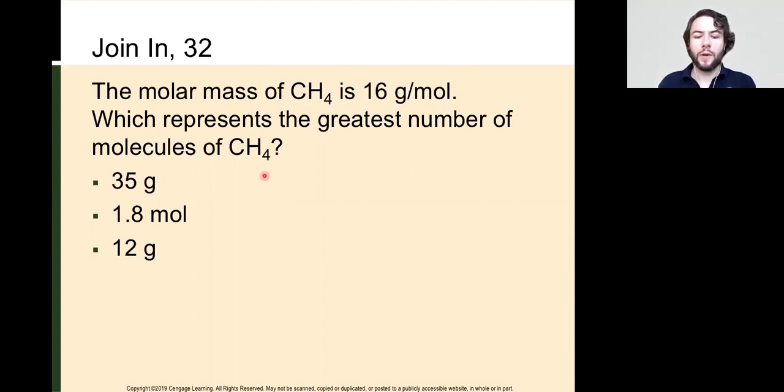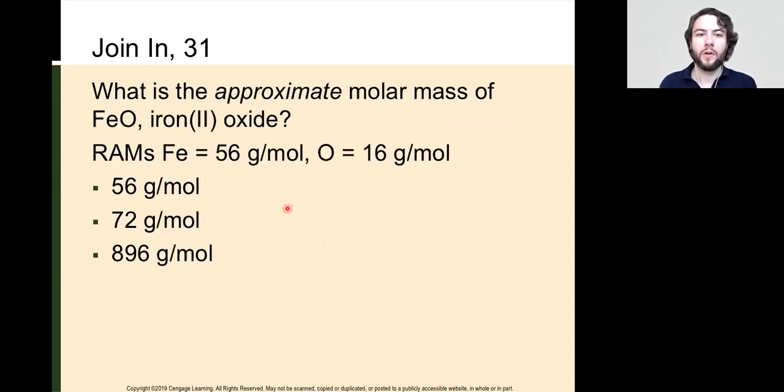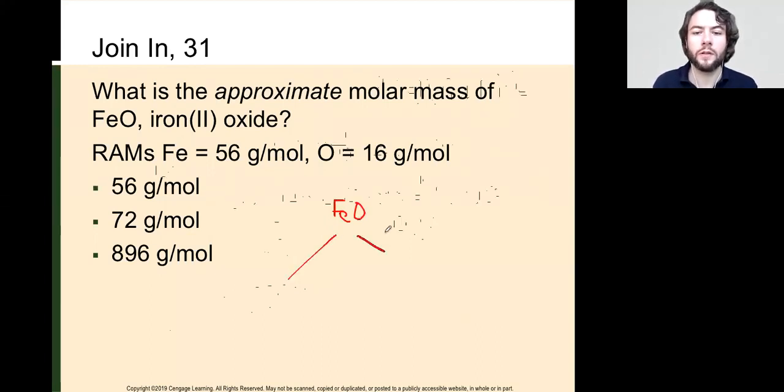Okay. So the way that we calculate the previous one, in order to get the approximate molar mass, is that we add together the values. We have iron oxide. There are no subscripts here, so we know we have one of each. So one oxygen, one iron.